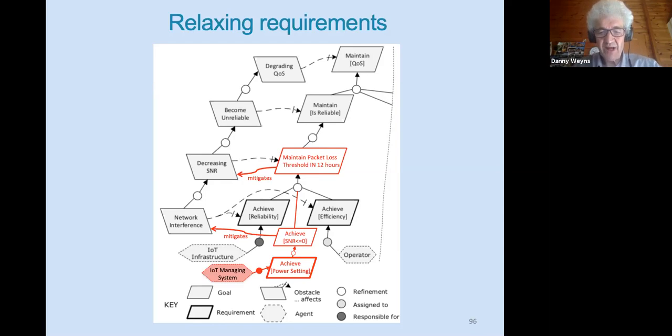You need to operationalize that. So for that we define a requirement that we achieve the proper power setting at all times. And that is then done by this managing system for the IoT, the feedback loop on top of it. So this way we can in fact relax our requirement for packet loss over a period of time, which allows us to temporarily violate it, but on average over 12 hours not to violate it. And for that we need this extra managing system.